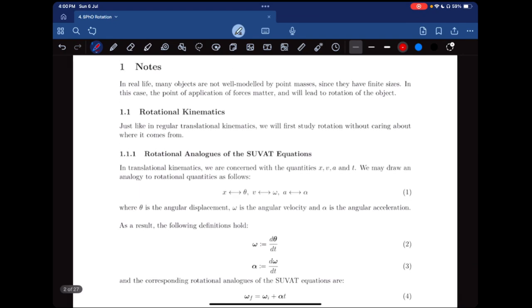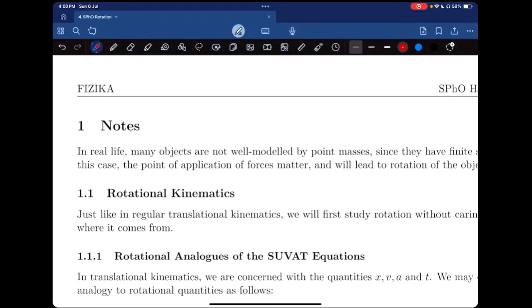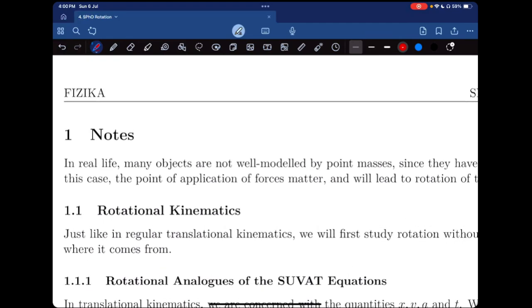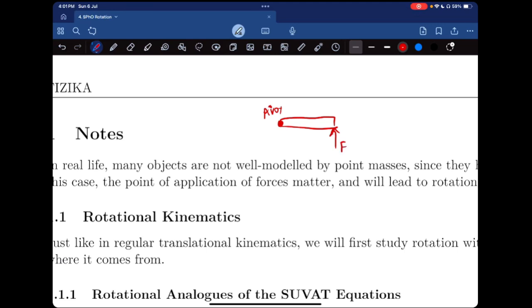So for today, our subject of focus is how things rotate, right? So why do we even need to know about this? Well, if you have tried in real life opening a door, pulling or pushing it, you know that to exert the least amount of force possible, you need to push the door, suppose this is the pivot, here at the end to minimize the force that you need.